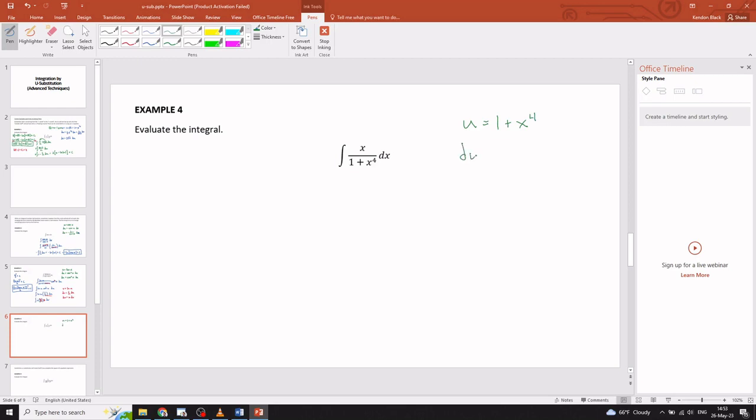So then our du would be 4x cubed dx. And our dx would be 1 over 4x cubed du.